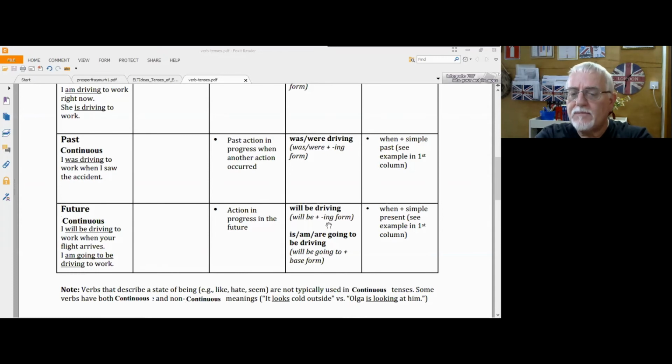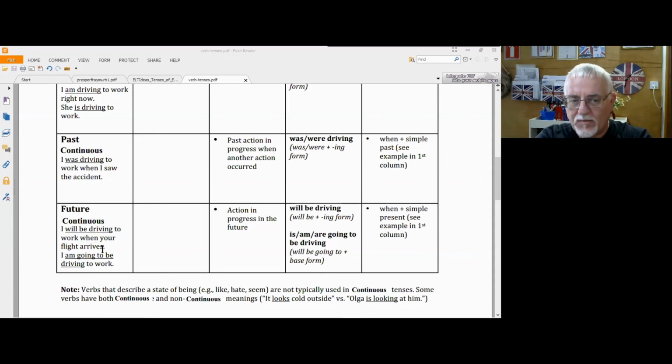Will be driving plus the gerund, ing form of the verb. Again, the verb to be is am, are, going to, and be driving. I will be going to, and the base form of the verb. Trigger words or clues are when plus the simple present. See example in the first column. So I will be driving to work when your flight arrives.